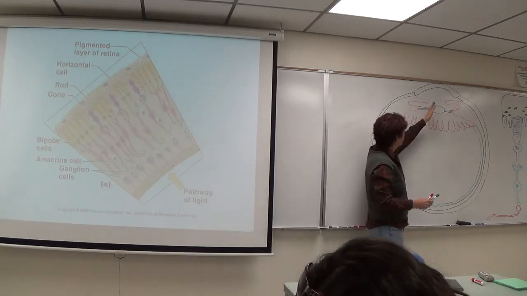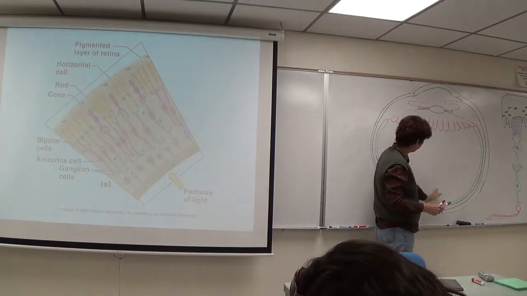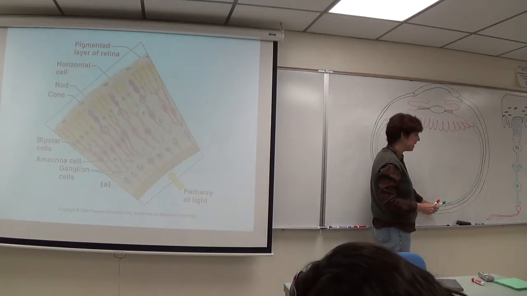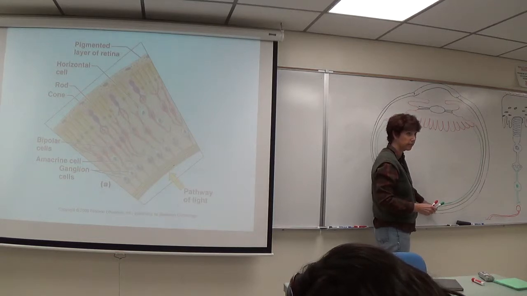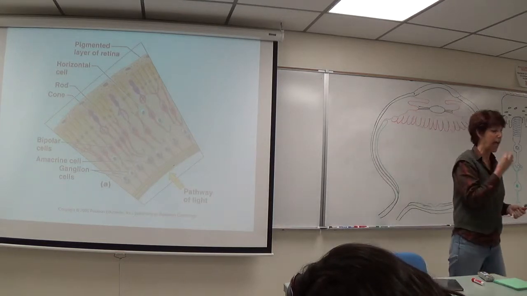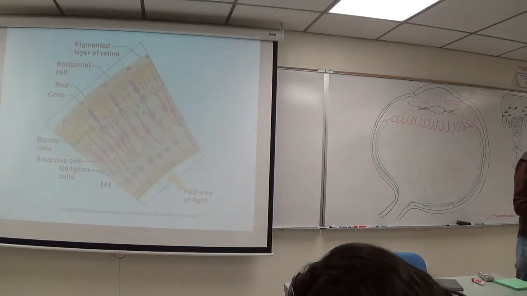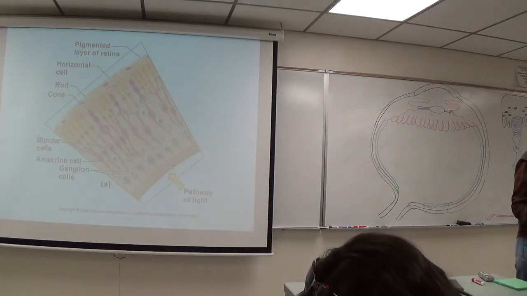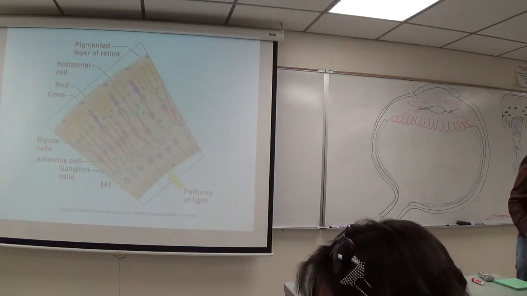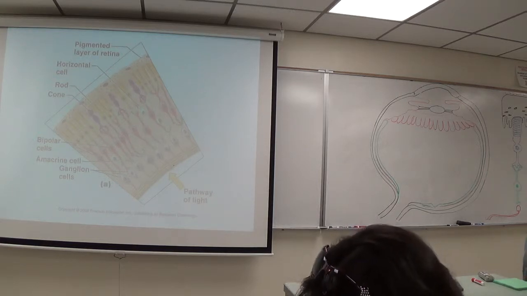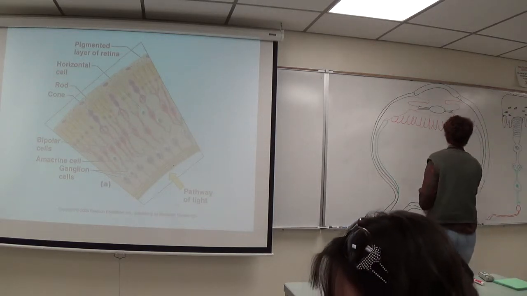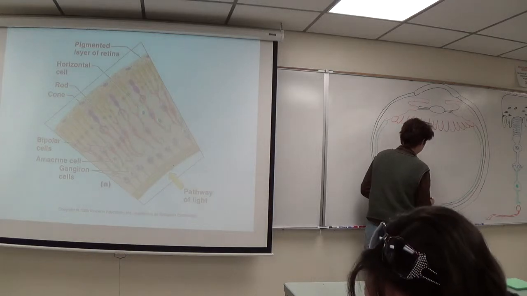Okay, and so in our direct line of pathway, light pathway, notice I've drawn an indented area right here, and that's identified as the fovea centralis. So you can see it in the diagram on the bottom of page 108. It's just labeled fovea there. But it is the fovea centralis.